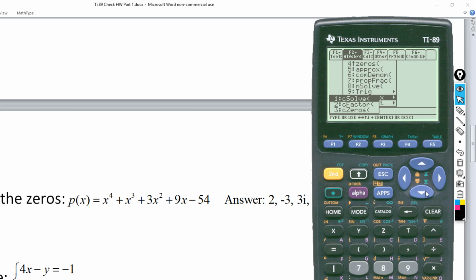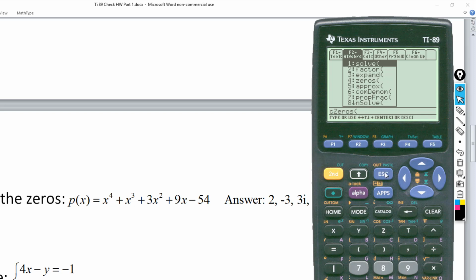And this is C zeros, as I mentioned. Now if you just enter the number 4 here, which is just zeros, it'll just give you the real zeros. Okay, so if you don't know whether it has imaginary zeros or not, you want to use C zeros, because that'll give them all to you.